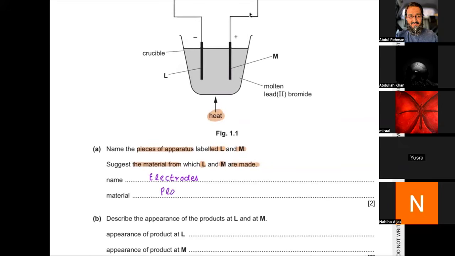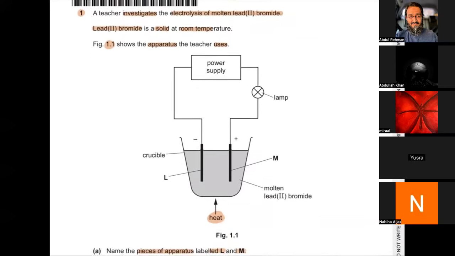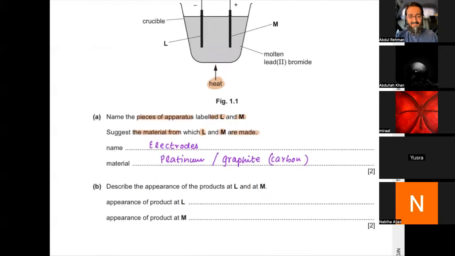So either you can write platinum, that can be considered correct, and besides platinum, you can write graphite, which is carbon. So the question number one is from electrolysis.